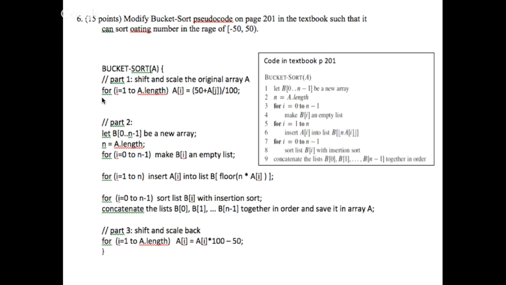So the code is for i equals 1 to the last element of array A, A[i] equals (50 plus 8j, and then divided by 100).